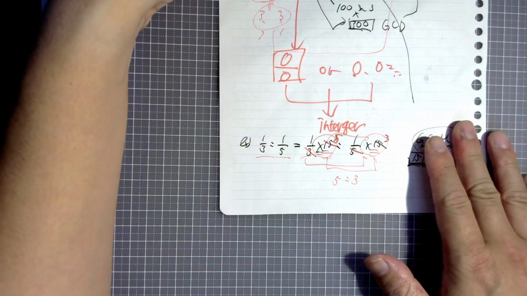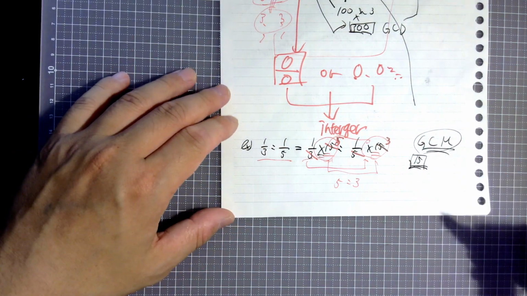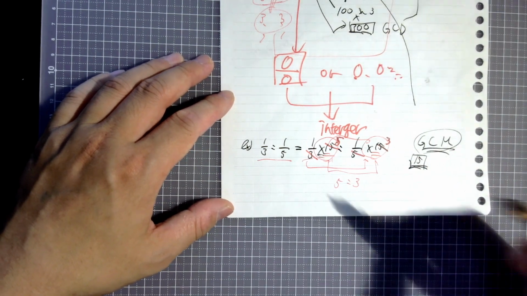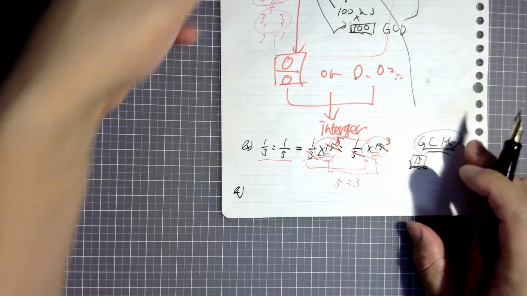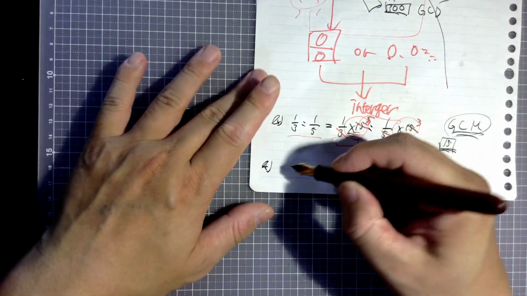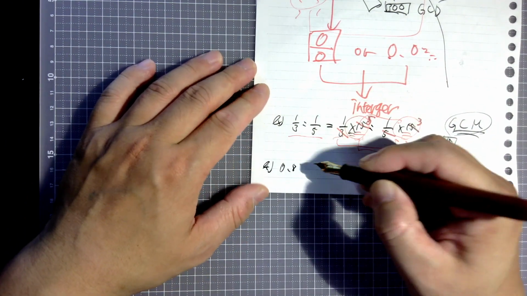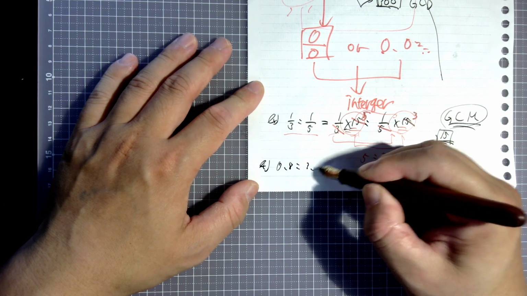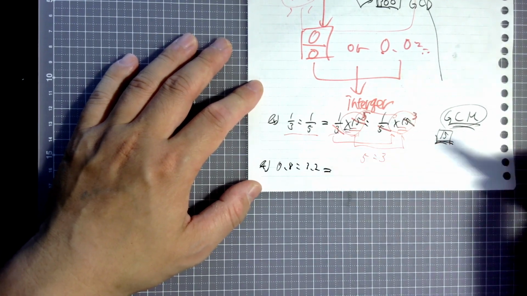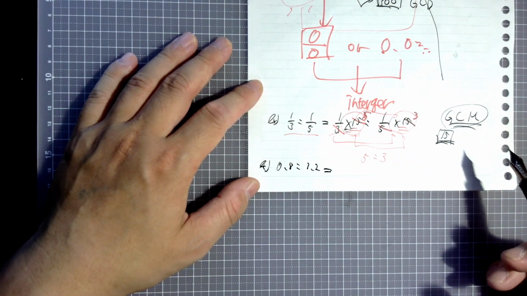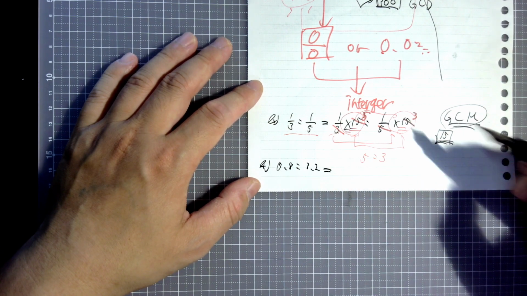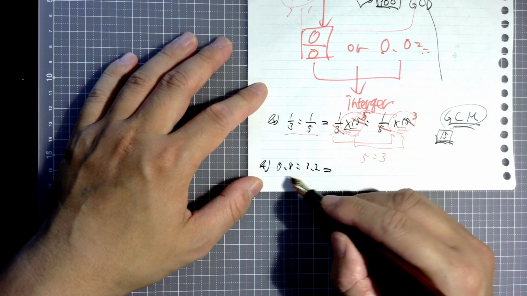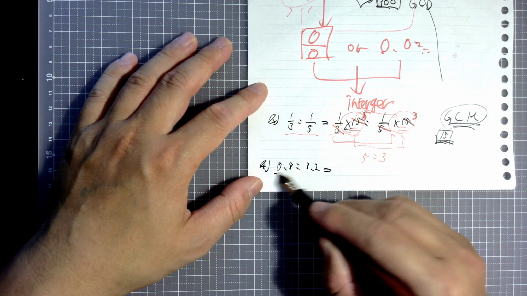Okay, there is another example, which is for decimals. Let me say there is a ratio of 0.8 to 3.2. In this case, you just multiply by 10, because anytime you multiply these numbers, they are going to be integers, right?